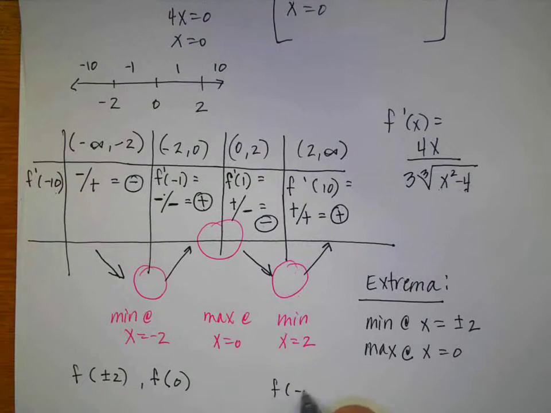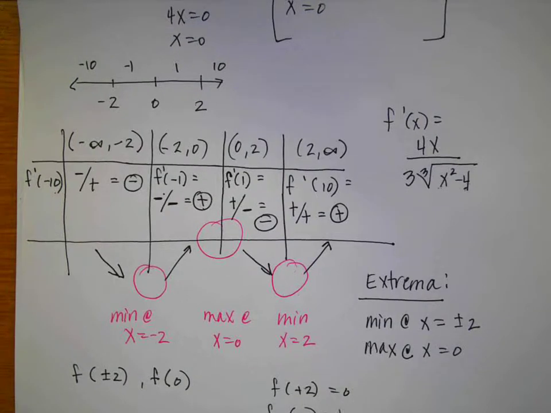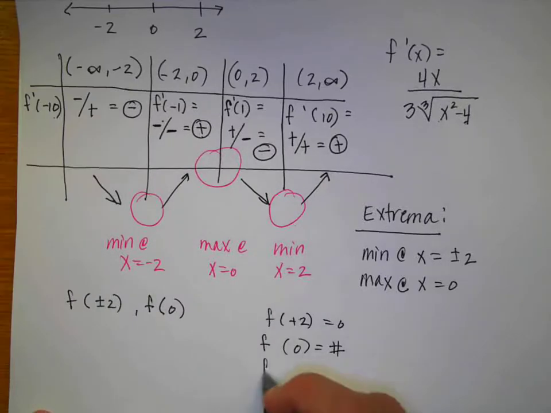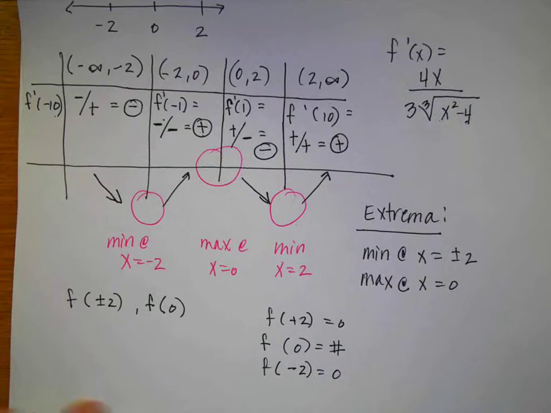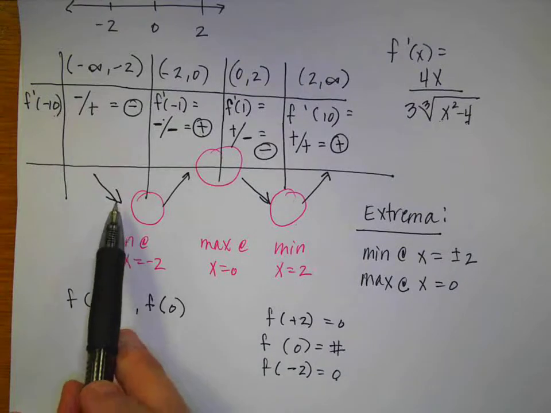So then if I evaluate these critical points, at f of a positive 2, I would get 0, and at f of 0, I would get some number, which is going to be -4 to the 2/3, so whatever that happens to be. So I'm going to write a number. And then if I have f of -2, I also get 0. So I know that for my graph, these are going to be my x-intercepts.